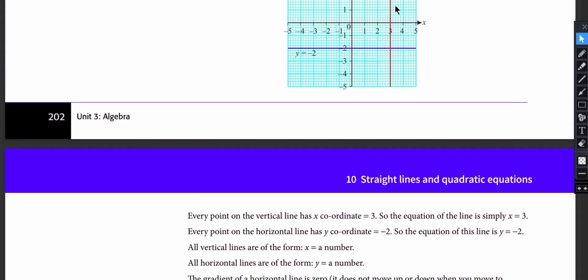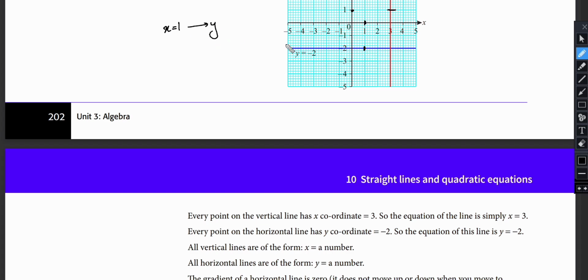Whatever x coordinate we take, let's say we take x is equal to 1, the y coordinate is going to be -2.